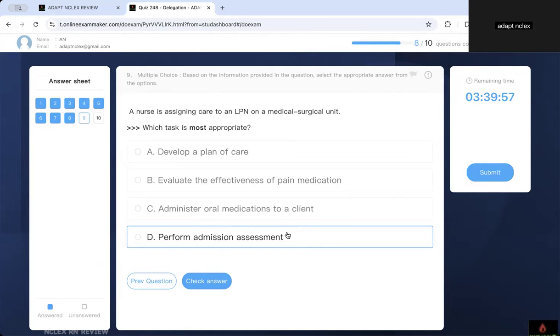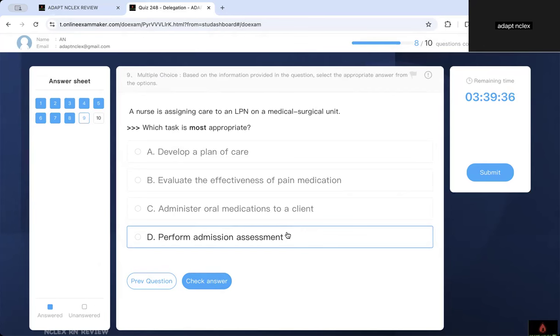Monitor, reinforce, I don't see that. Or low risk and predictable, no. Evaluate, that's the E portion of the RN's job, and effectiveness, reassessing, right? Administer, giving medication, to a client.